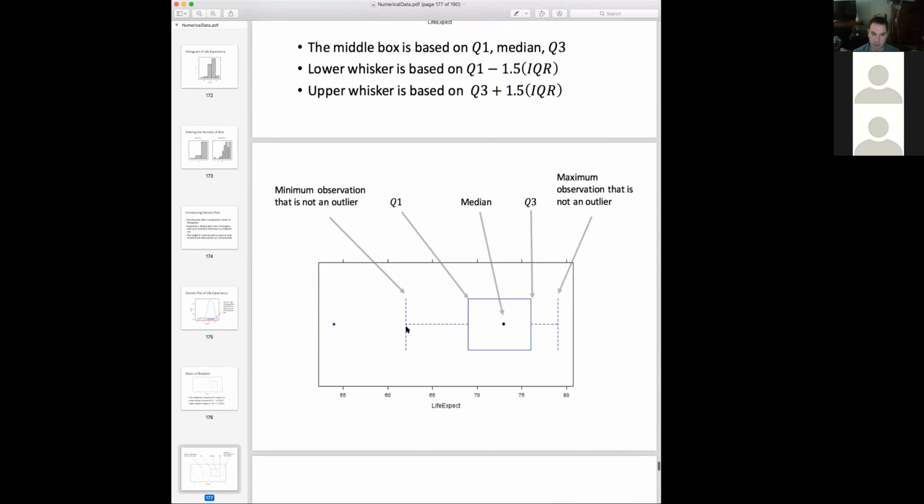This will represent the minimum, this whisker here. This one will represent the maximum. This solid line on the box will represent the Q1 of the data, the 25th percentile. And this will be the median, the 50th percentile. And this Q3 is the 75th percentile.